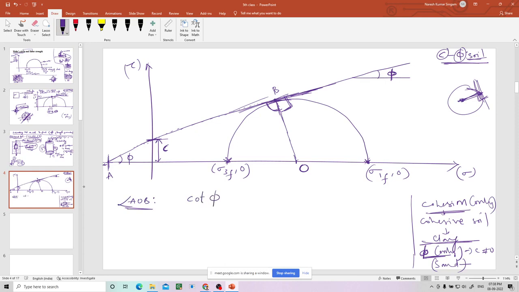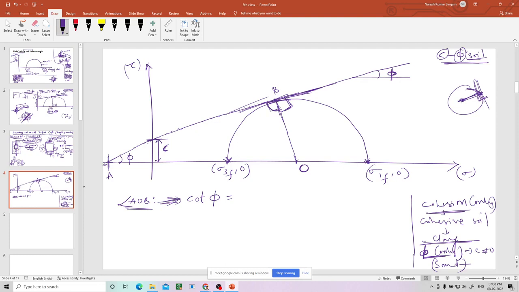Can you tell me cot phi at least? This is a right angle.